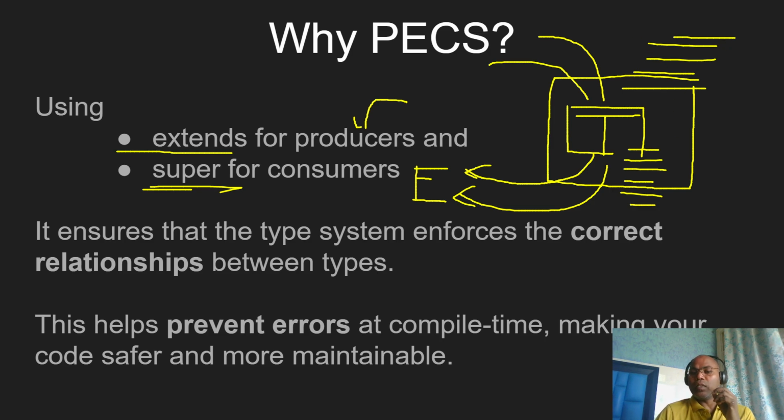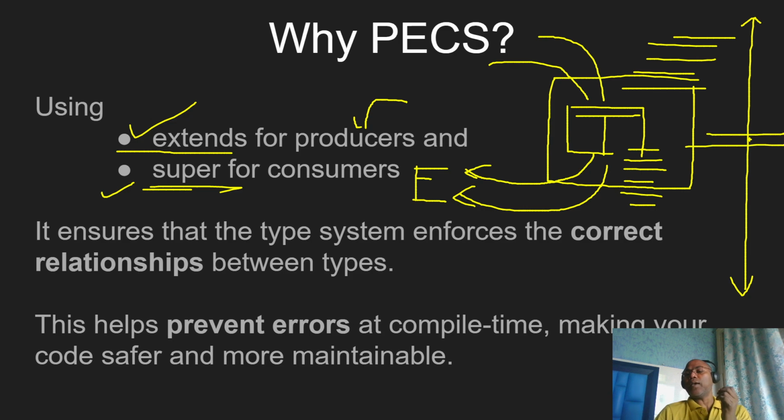So notice this extend and super finally come under the relationship of your object. Whatever the type is decided, this is my type, so I only allow all the subtypes or only super types. So this is known as producer or consumer. Here notice the data value is going to produce, consume.